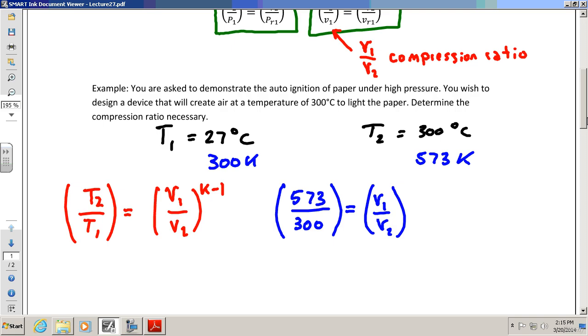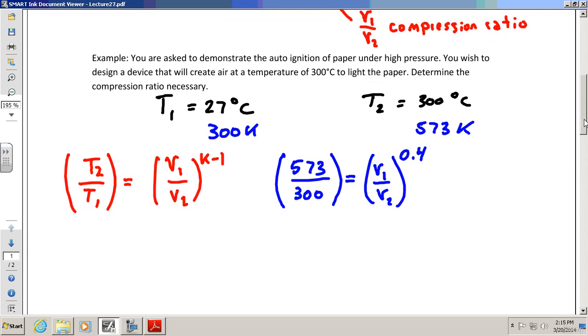That's going to equal my compression ratio, V1 over V2, to the K minus 1 power. Remember what K is? For air, K is 1.4. So 1.4 minus 1 is 0.4. Now, I cannot solve for V1 or V2. I can only solve for V1 divided by V2 here. So how would I solve for V1 divided by V2? Anybody?